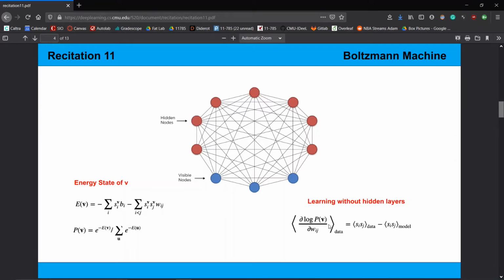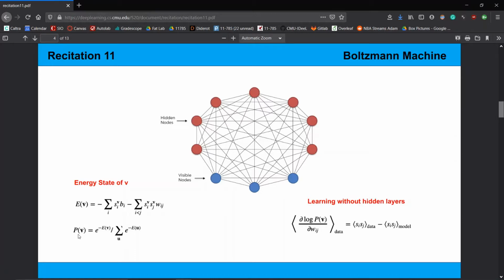We can update the weights using this KL divergence. We take the log p of v, which is a function of the weights since they determine the energy of the state, and the energy determines p of v as given by our Boltzmann distribution, and we run gradient descent over this log p of v by subtracting the partial derivative of G with respect to the weight.